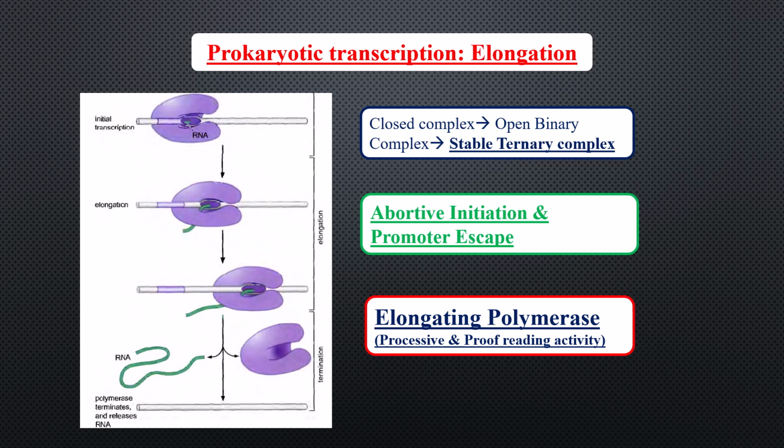Now, what will happen when the elongation process starts? The RNA polymerase is still the same polymerase, but now we call it an elongating polymerase because of its changed processivity, as well as at the same time, it is also doing a proofreading activity.